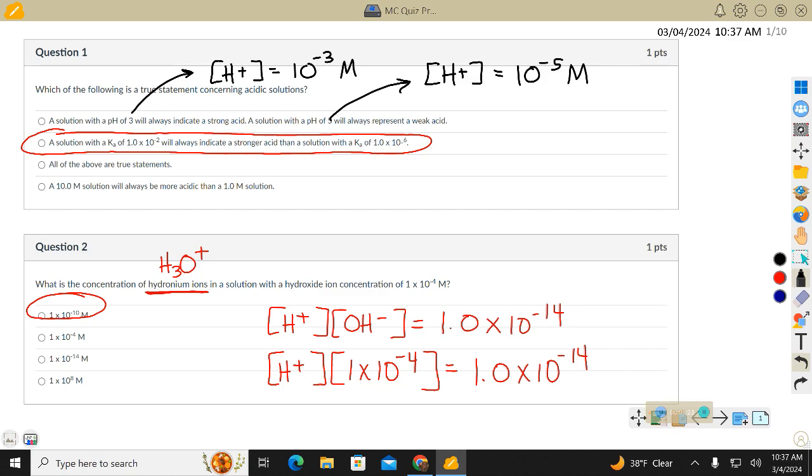Hydrogen and hydronium quantitatively mean the same thing. In reality, if I am producing positive hydrogen ions in a solution, they're probably going to be attracted to the negative oxygen of a water molecule. So you might see it written either way, but numerically it means the same amount of hydrogen in the solution: 10 to the negative fourth moles per liter.